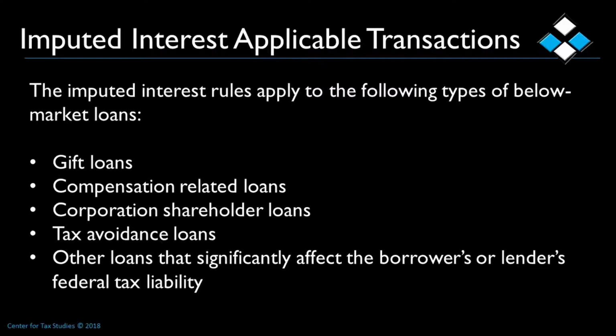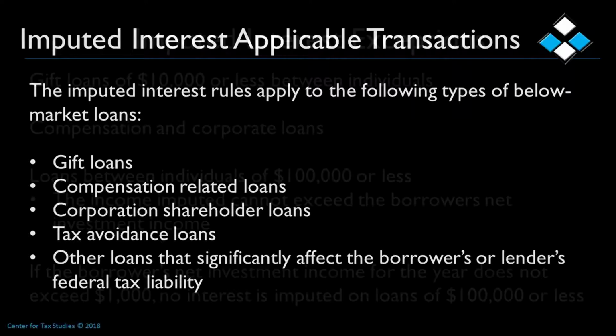If a corporation is paying an employee and the employee says, I just need a loan, and they give a loan with 0% interest, well, the corporation or the entity then needs to pay tax on that imputed interest. Corporation shareholder loans, tax avoidance loans, and any other loan that significantly affects the borrower or lender's federal tax liability.